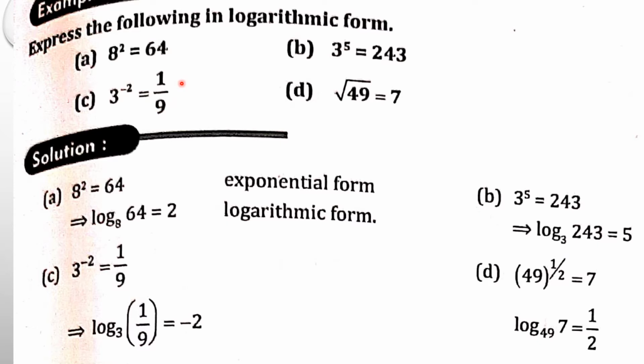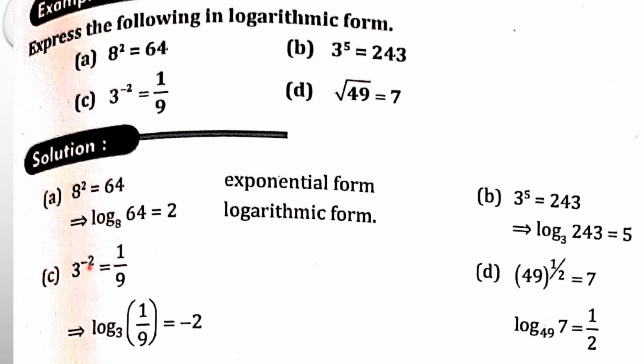Express the following in logarithmic form. If 8 square is 64, how will you write it? You will write log with the base as usual: log 64 to the base 8 is equal to 2. This is the logarithmic form. One more sum: 3 to the power minus 2 is 1 by 9.